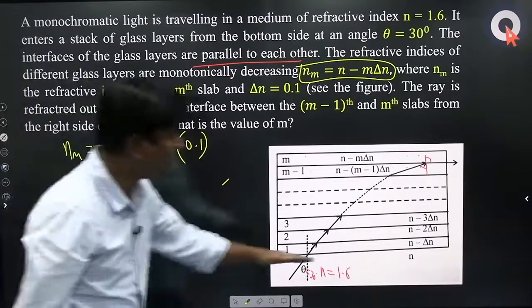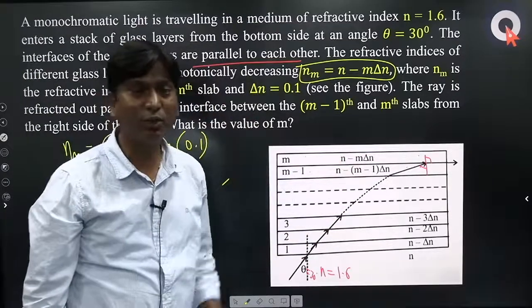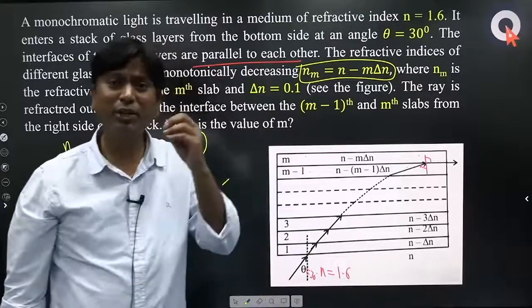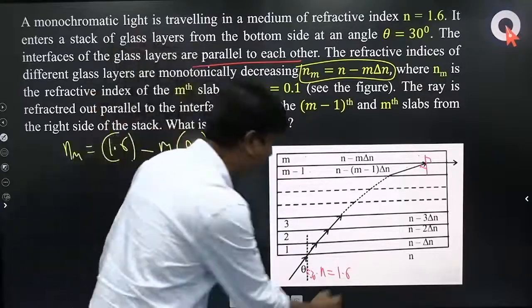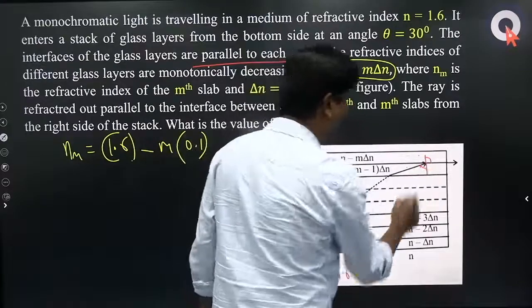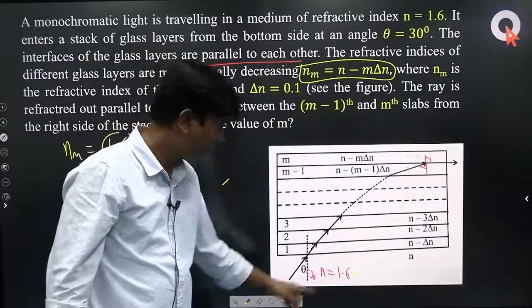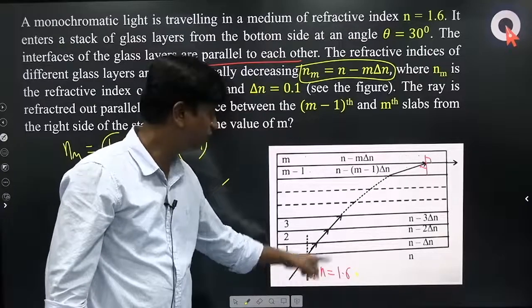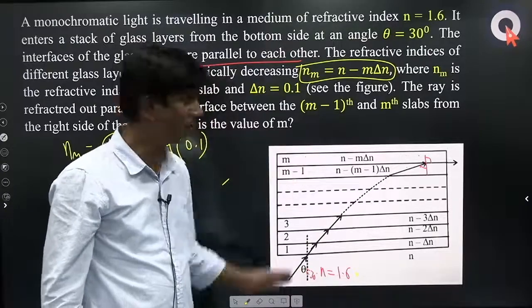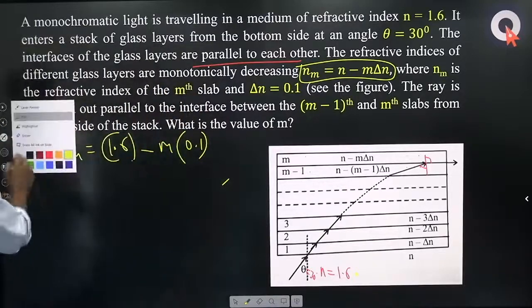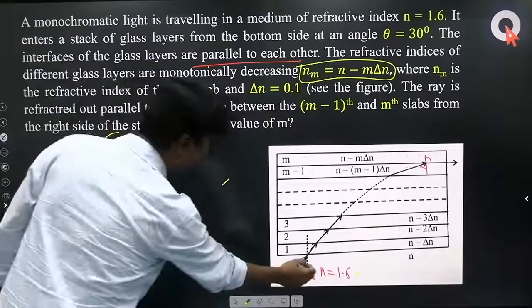See, whenever there are parallel slabs, how to approach this problem? You can use Snell's law directly from this layer, which is 1.6, to the mth slab, because all are parallel slabs. So let us apply Snell's law directly.